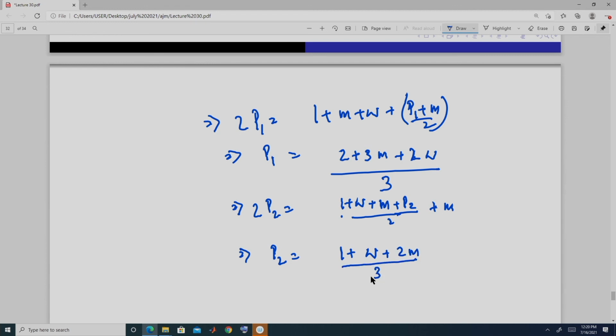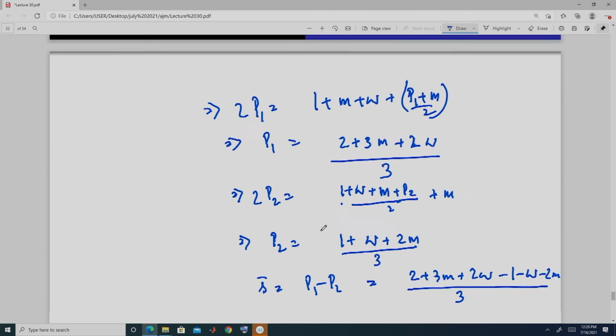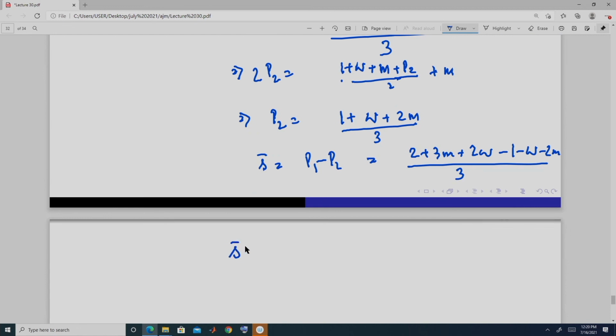Yes. Now, what is S bar? S bar is P1 minus P2. This is 2 plus 3m plus 2w minus 1 minus w minus 2m divided by 3. So, S bar is equal to 1 plus m plus w divided by 3.